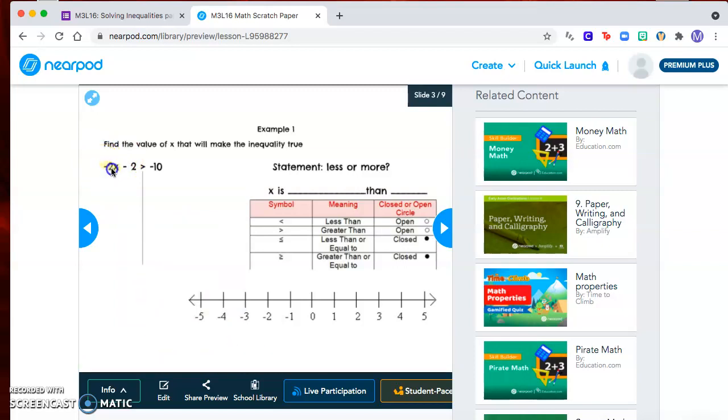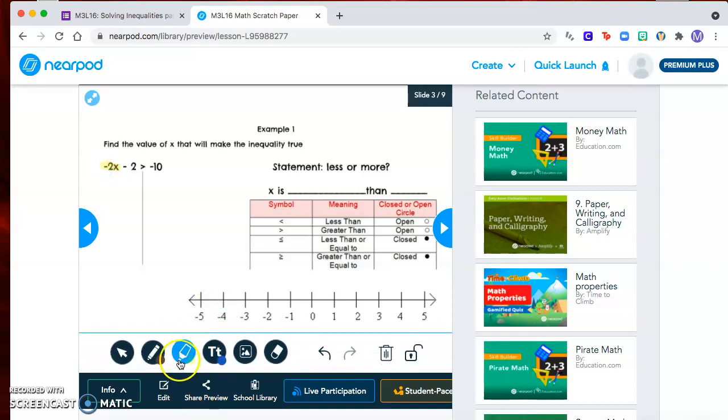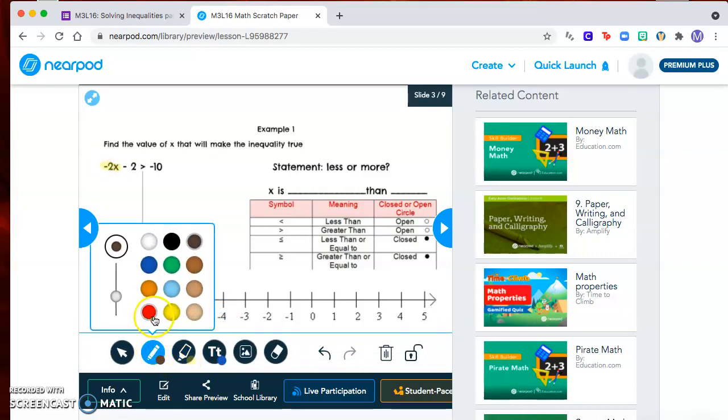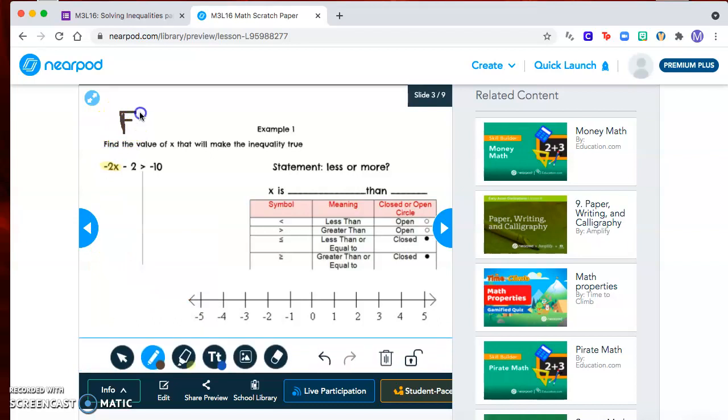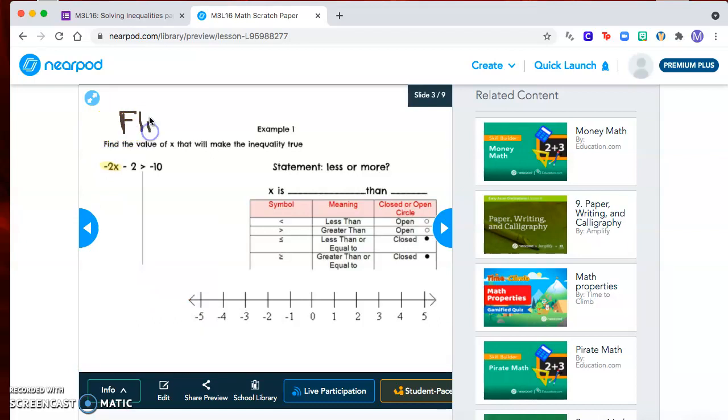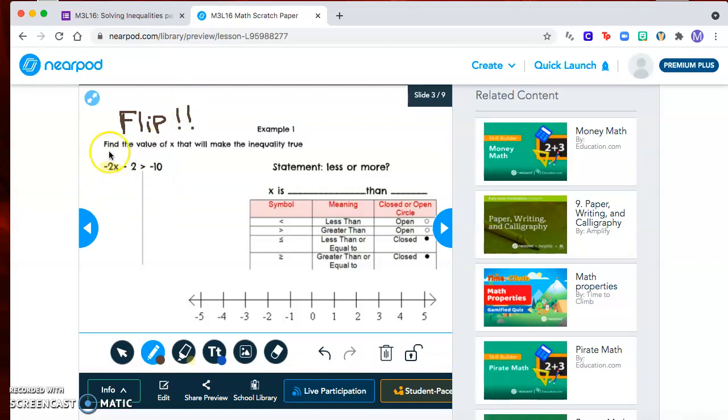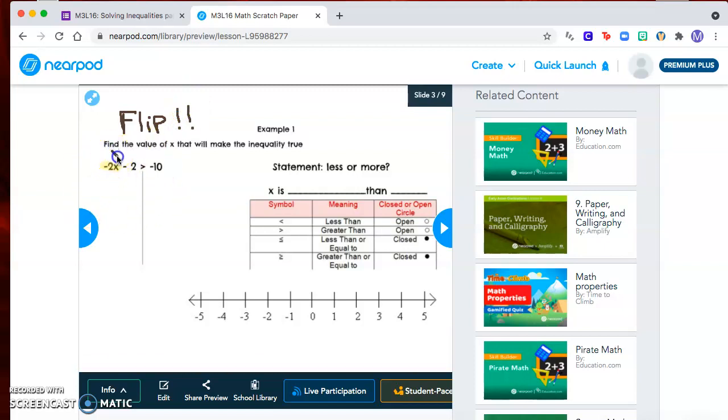What that means is my inequality is going to flip. I'm going to put flip on the top just to remind myself to switch or flip the inequality sign.